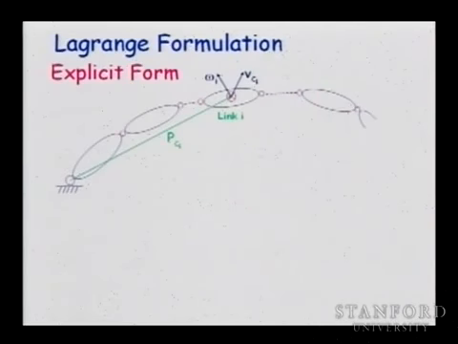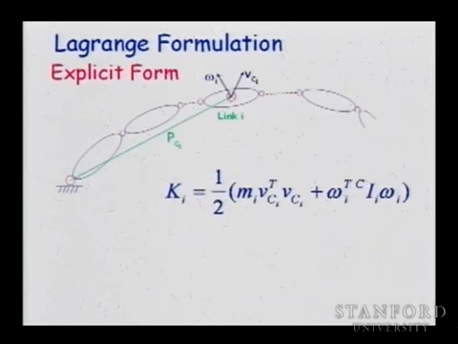What we will do instead, we will go to the velocities and we will consider the energy associated with the motion of these rigid bodies. If you have a velocity v and omega at the center of mass, you can write the kinetic energy associated with this moving mass and inertia of the rigid body.